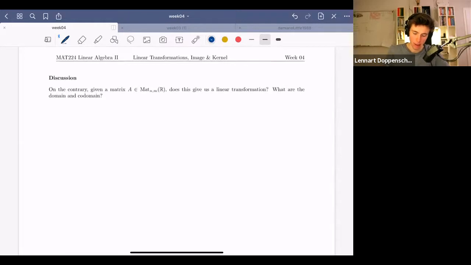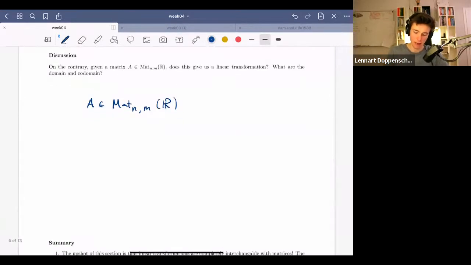So if you have a matrix A in Mat N M, sorry, N and M are never in the same order. N might come first or M might come first, it doesn't really matter.